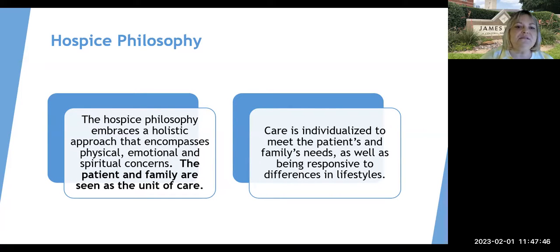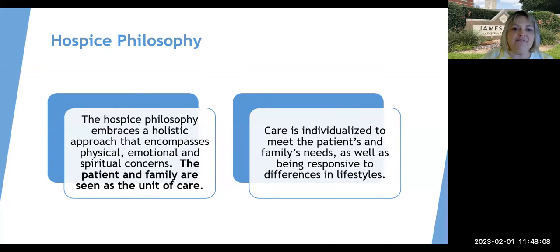And then let's look at what is the hospice philosophy. As we said earlier, all the way back in 1967, this really hasn't changed much at all. It's a holistic approach that encompasses all three of these: physical, emotional, and spiritual concerns.